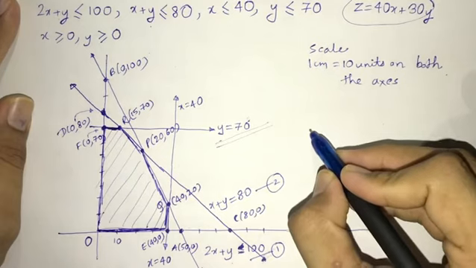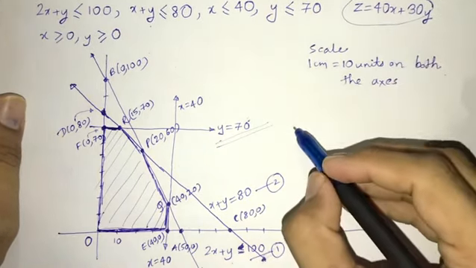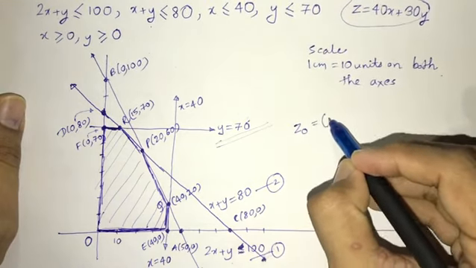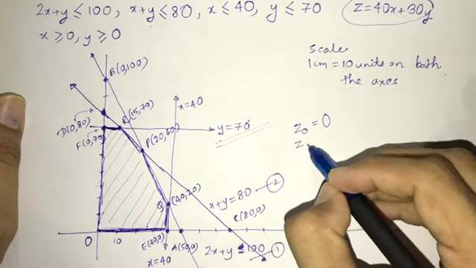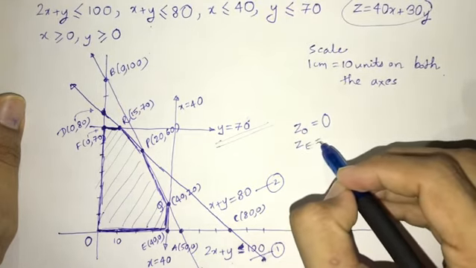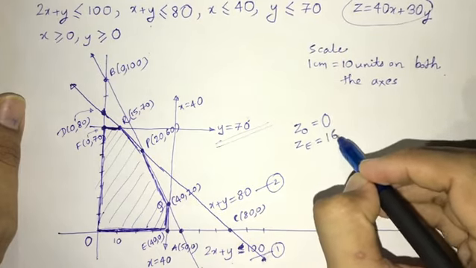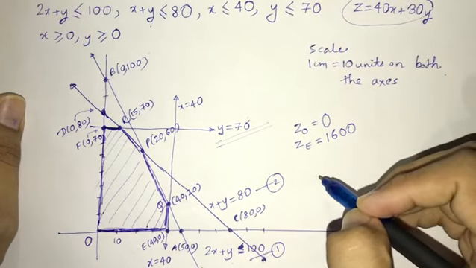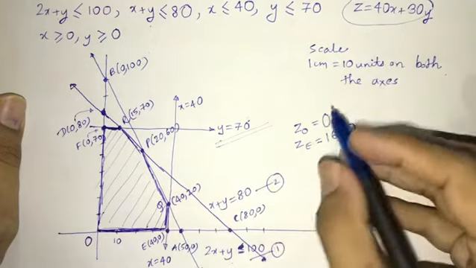Obviously we have to find the maximum value of Z equal to 40x plus 30y. What is Z at the origin? 0. What is Z at E, (40, 0)? Putting it in, we get 1600.